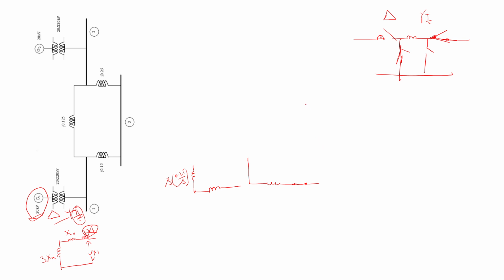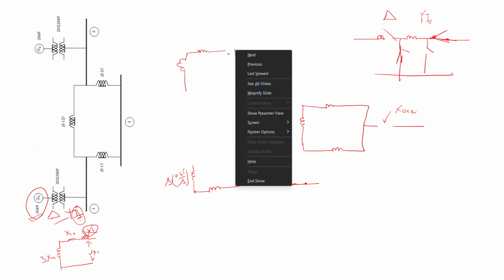Now coming to the transmission line, this is the zero sequence diagram of the transmission line. So here the fault has occurred here, we need to calculate X not equivalent here. Similarly, if you draw the zero sequence diagram for generator 2, this is the neutral reactance, this is the internal reactance, and this is the transformer.